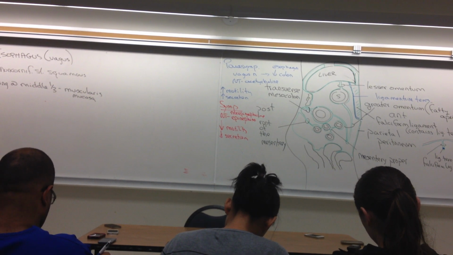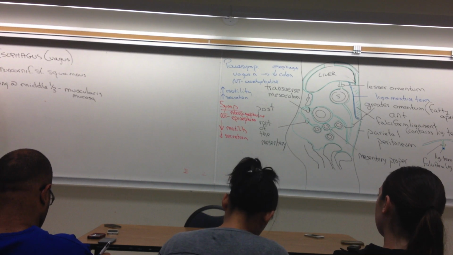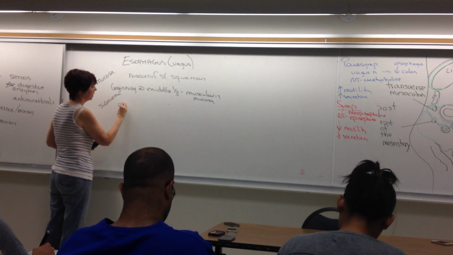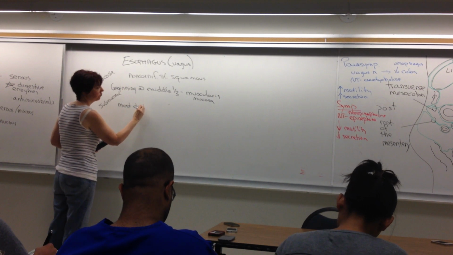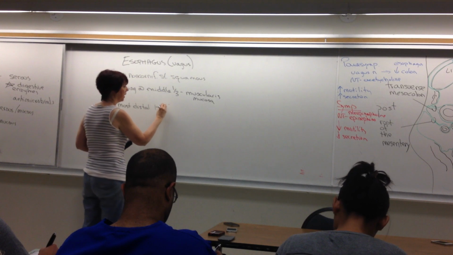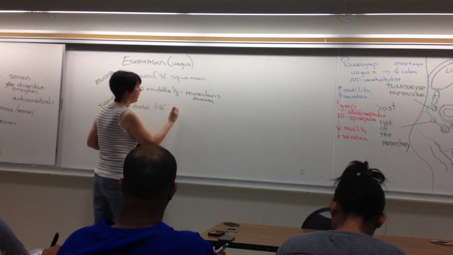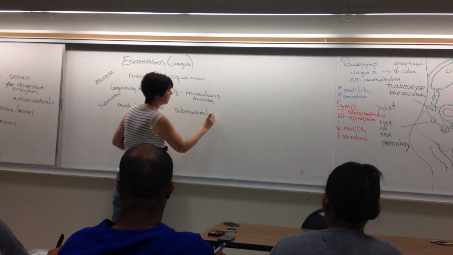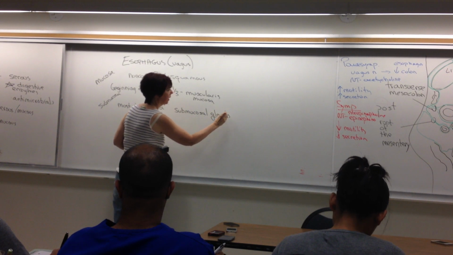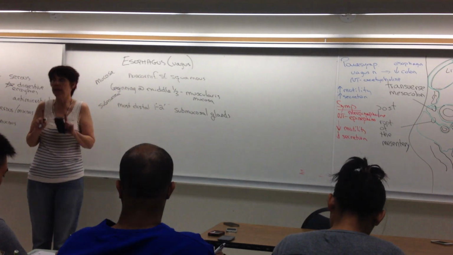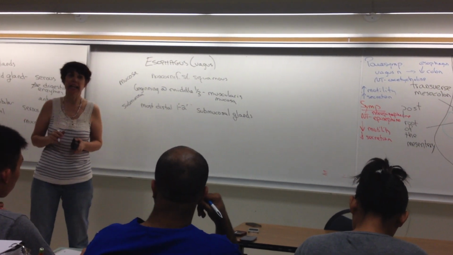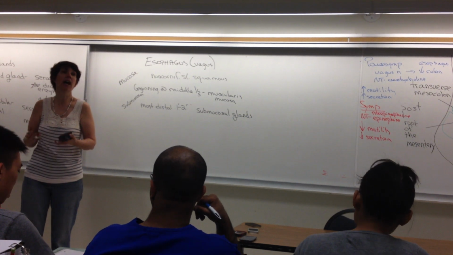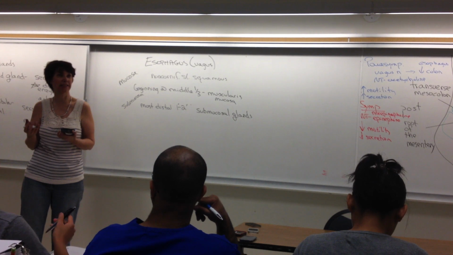Our submucosa is standard, dense, irregular connective tissue, but in the most distal 1 to 2 inches, we have what are known as submucosal glands. Those are in the submucosa and send a duct up to the lining, and this is mucus. It protects from splashing of the hydrochloric acid from the stomach.